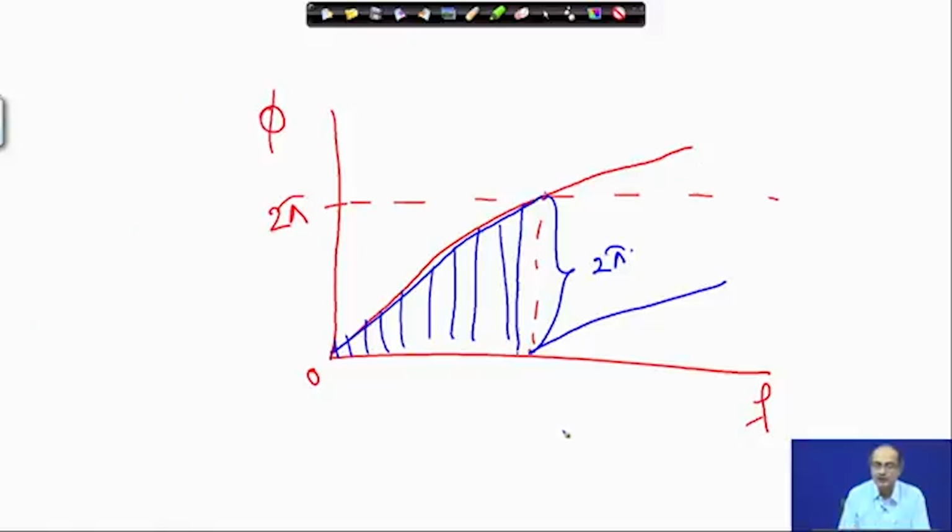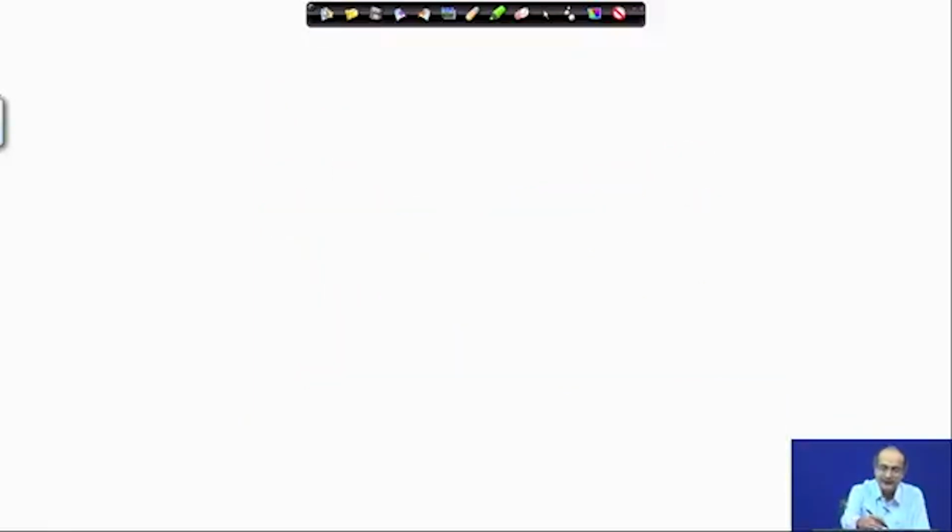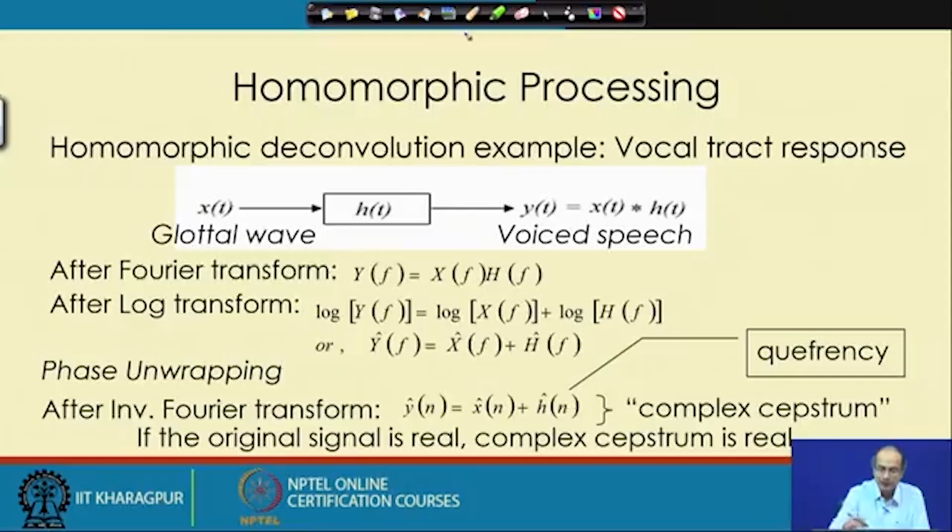That is called phase unwrapping, and after that we follow the rest of the operation. The main intention is to get back the phase in a proper way, that means removing the discontinuity, and that way we restore the phase.